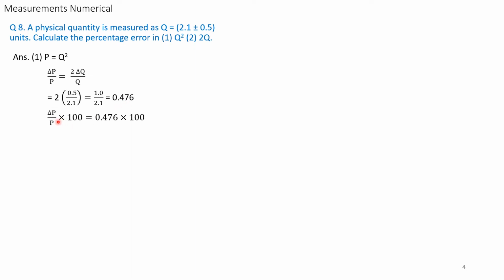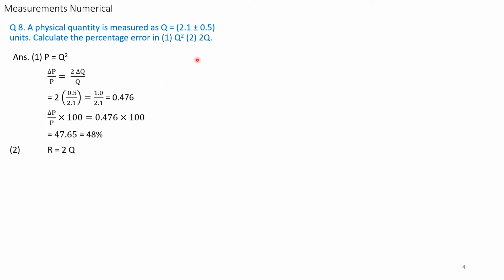Therefore, delta P by P into 100 is equal to 0.46 into 100, calculating in terms of percentage. Therefore, the error is 47.65, that is equal to 48%. Correcting it to the significant digit is 48%.